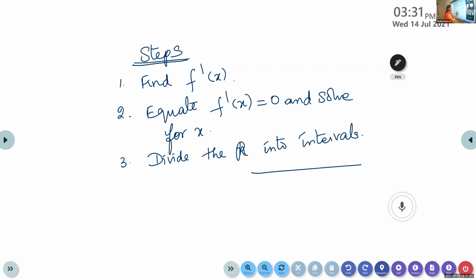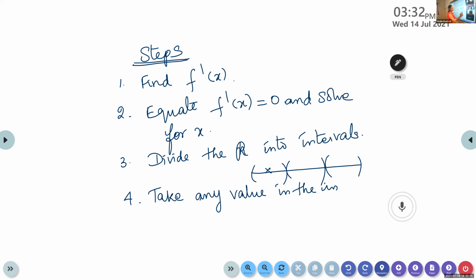Once we divide this into intervals, what do you do? Fourth step: you take any value in each interval and substitute it in f dash of x.